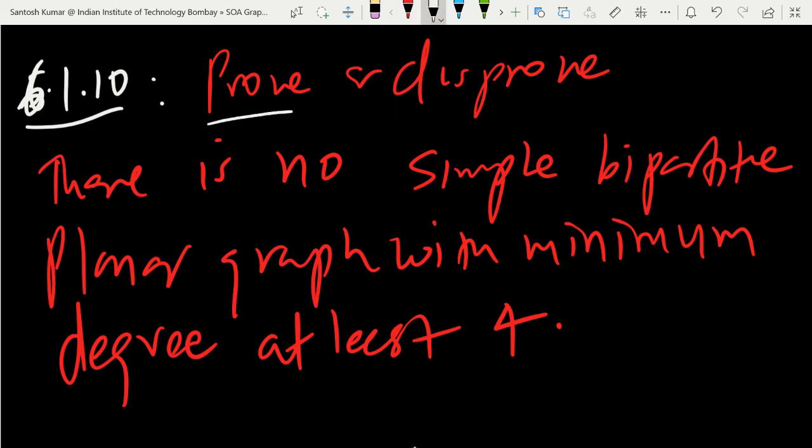You have to decide first whether it is true or false. There is no simple bipartite planar graph with minimum degree at least 4.